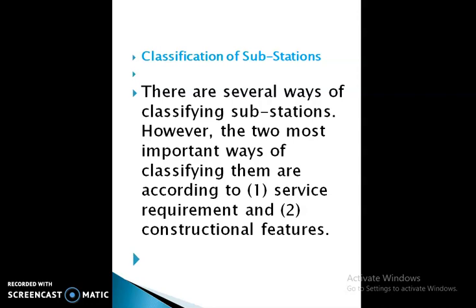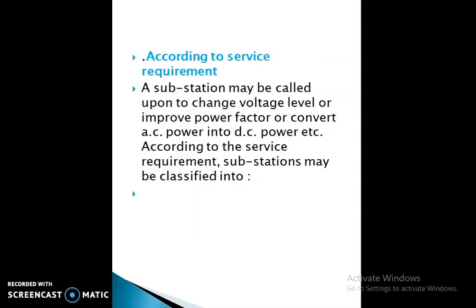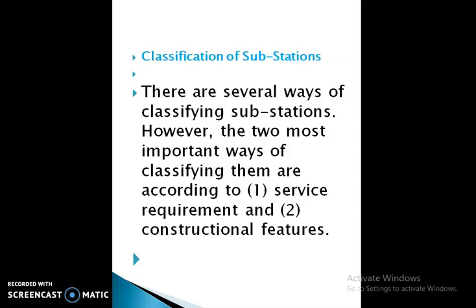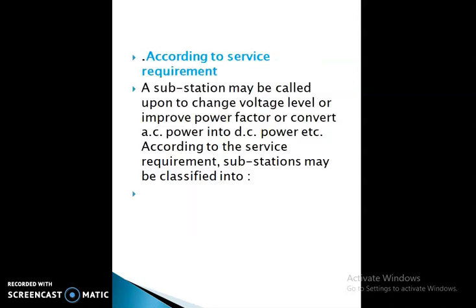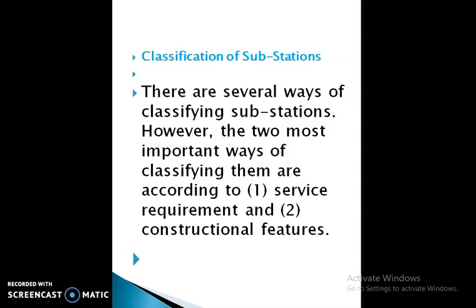However, the two most important ways are: first, service requirement, and second, constructional features. So based on service requirements and constructional features, substations are classified.